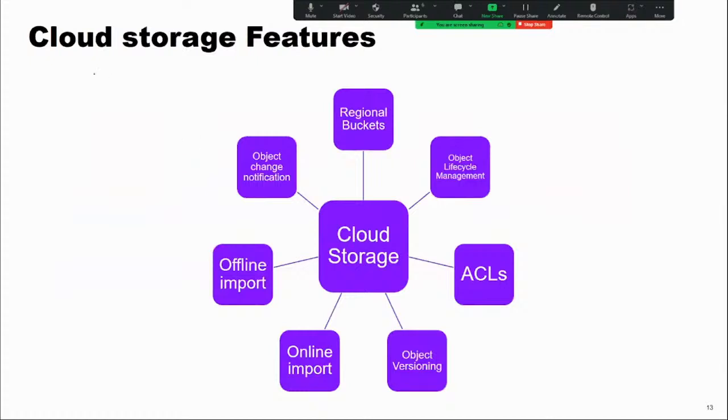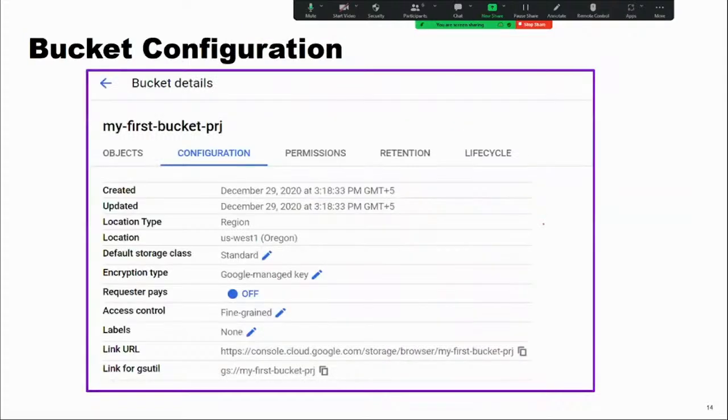When we talk about all the features of Google Cloud Storage, we have all of these things, guys: regional buckets, object change notification, ACLs, object versioning, online import, offline import, and object lifecycle management. So these are all the features of GCS. Once you create a bucket, this is the metadata of the bucket.